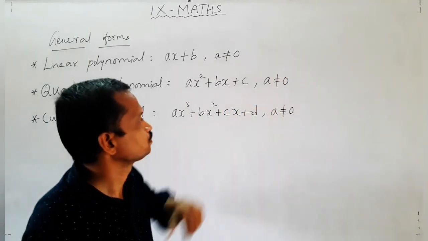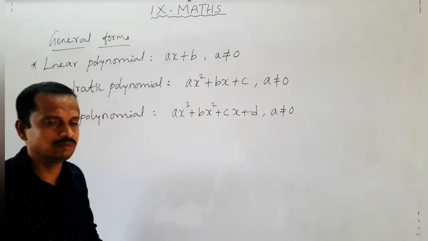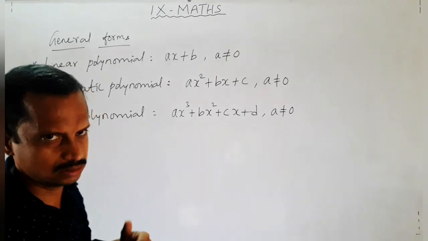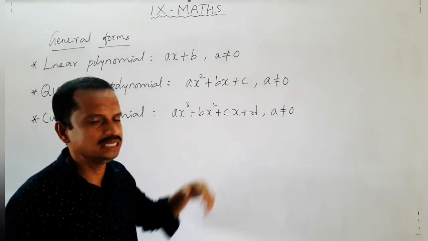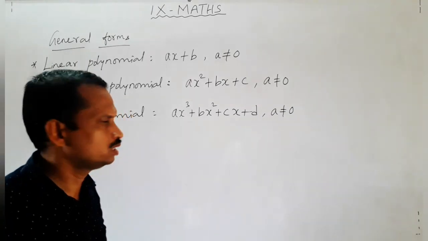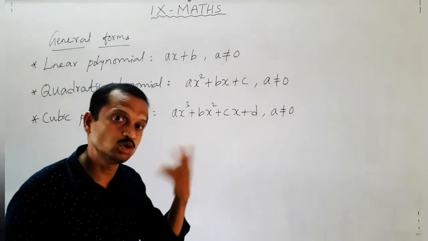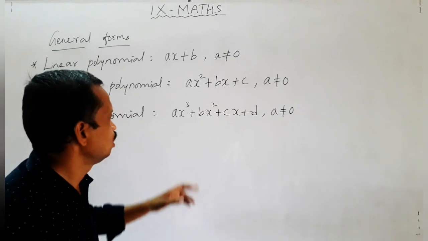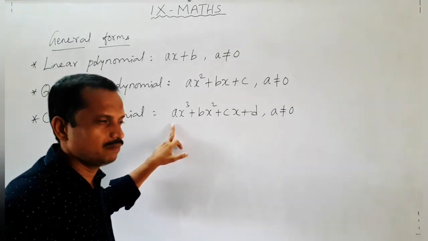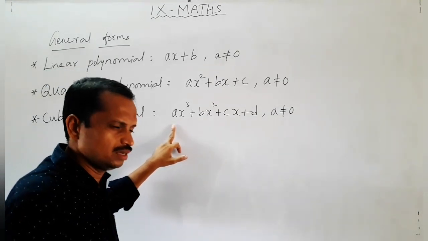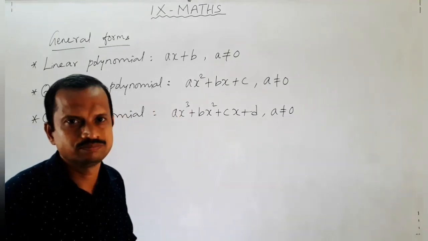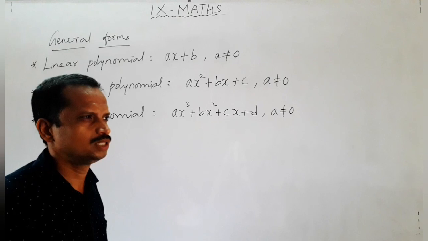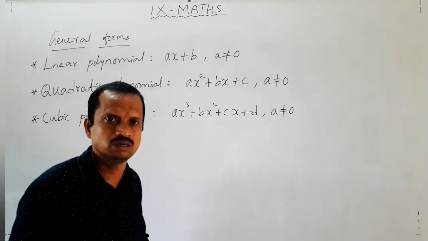This is the condition. And the cubic polynomial means x cube, that is third degree. So ax cube plus bx square plus cx plus d, where a is not equal to 0. Here a is the coefficient of the x cube term. If a becomes 0, then we cannot get the x cube term, so how can you say that it is third degree?